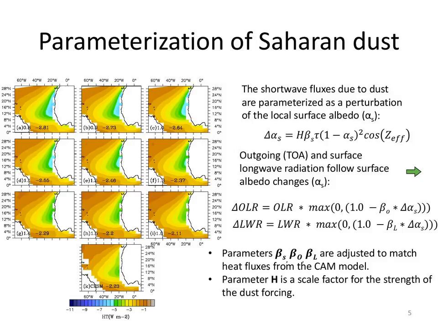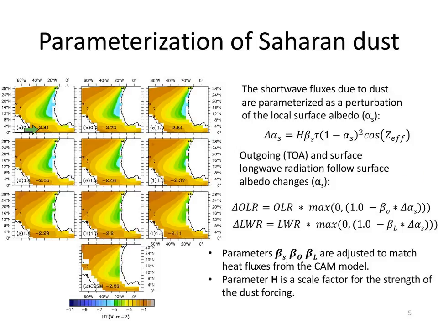This parameterization is adjusted to the heat fluxes in the CAM model from Murphy et al. 2014, who simulated the Heinrich event and this dust loading in the atmospheric model. So we try to simulate the same effect in UVic.